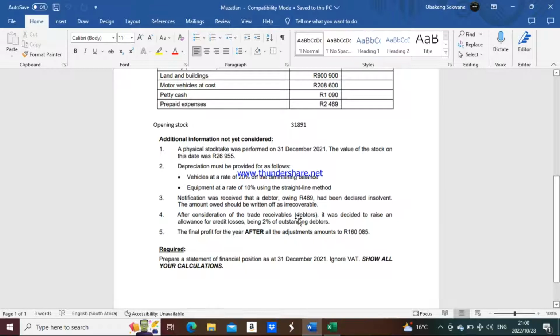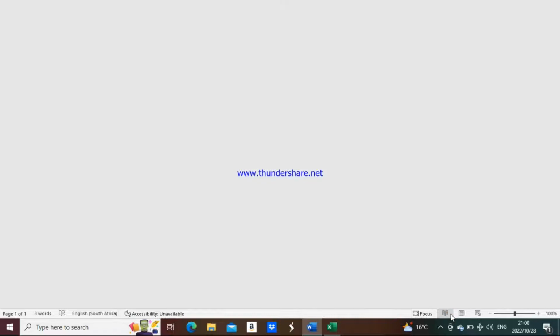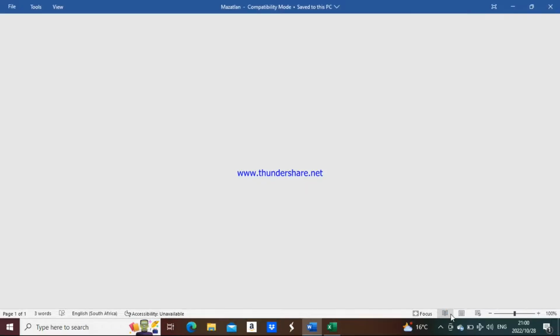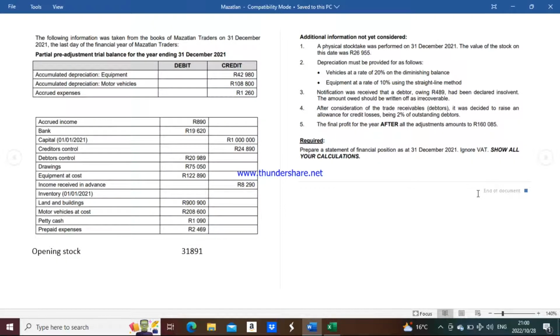After consideration of the trade receivables, it was decided to raise an allowance for credit losses being 2% of outstanding debtors. And the last one says the final profit for the year after all adjustments amounts to 160,085 rand.